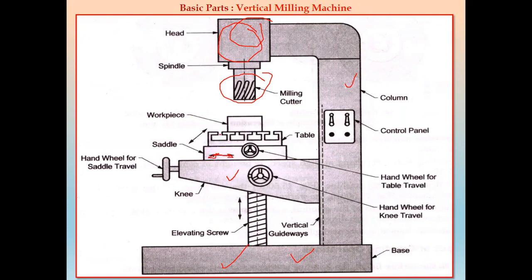Then we have the workpiece table, which can have a rotary motion in this direction, or it can slide. The feed is against this direction, as in a drilling machine, that is perpendicular to the work axis. So the workpiece axis is like this, and the milling cutter is perpendicular to the axis of the workpiece. This is the main difference between the horizontal milling machine and the vertical milling machine.